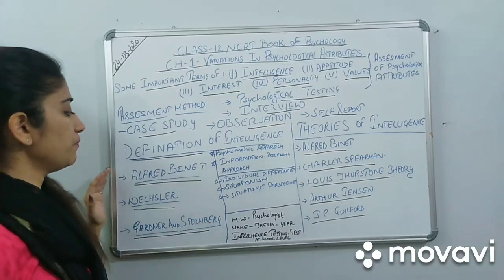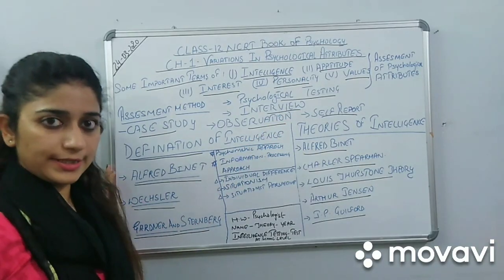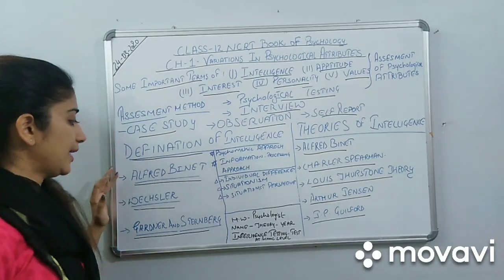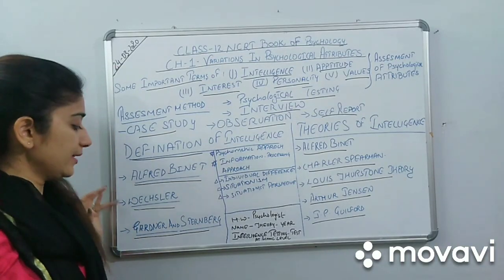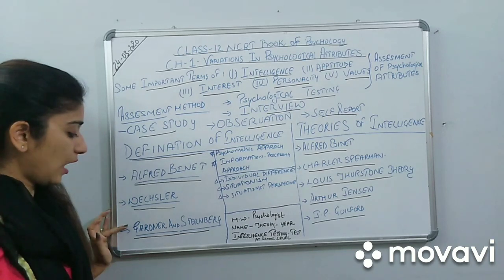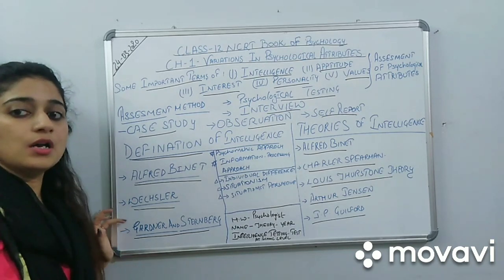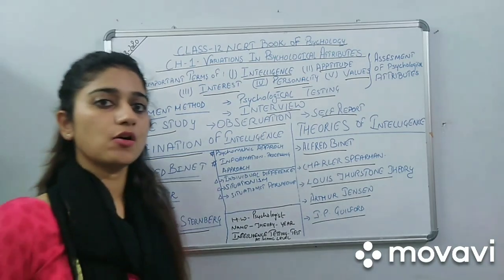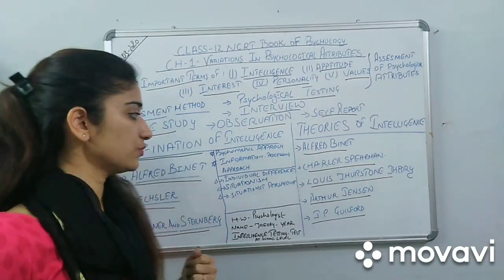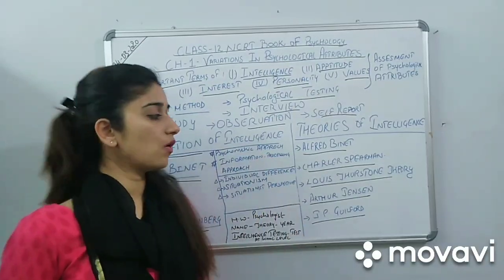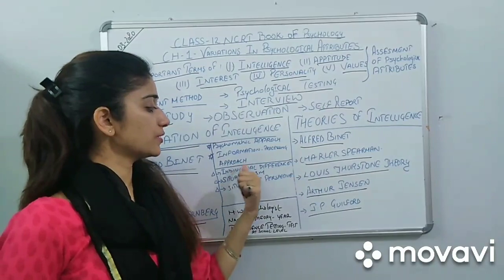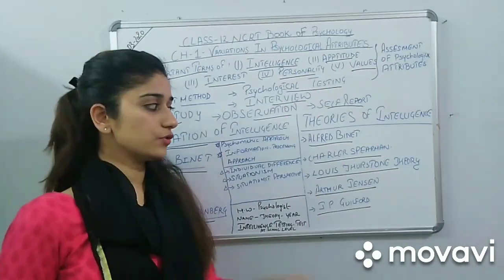After this, the main psychologists of intelligence, who have been related to intelligence, we will be talking about them, that is Alfred Binet, then Wechsler, and last Gardner and Sternberg. In all these, what definition they have given of intelligence will be explained to you. We will also talk about the psychometric approach and the information processing approach, and how they are differentiated.